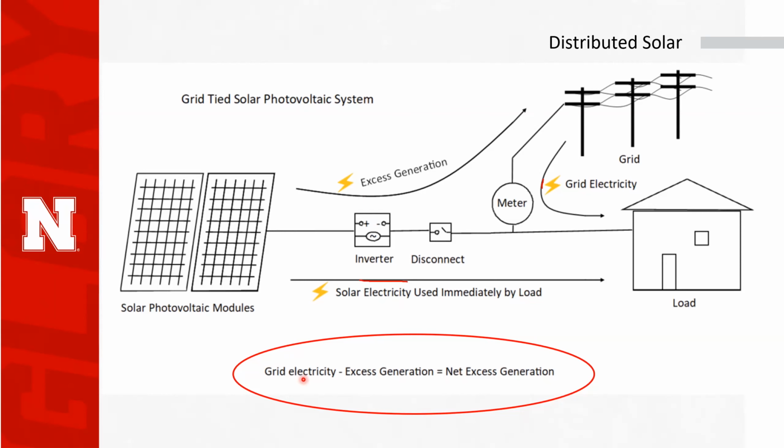And again, in net metering, the net is this subtraction between grid electricity and excess generation, the net of those 2, net excess generation. Not all systems will have net excess generation. If the grid electricity in that billing period is larger than excess generation, I don't have any net excess. But in some months you might. And so it's an important term to understand what its value is if I have any net excess generation.